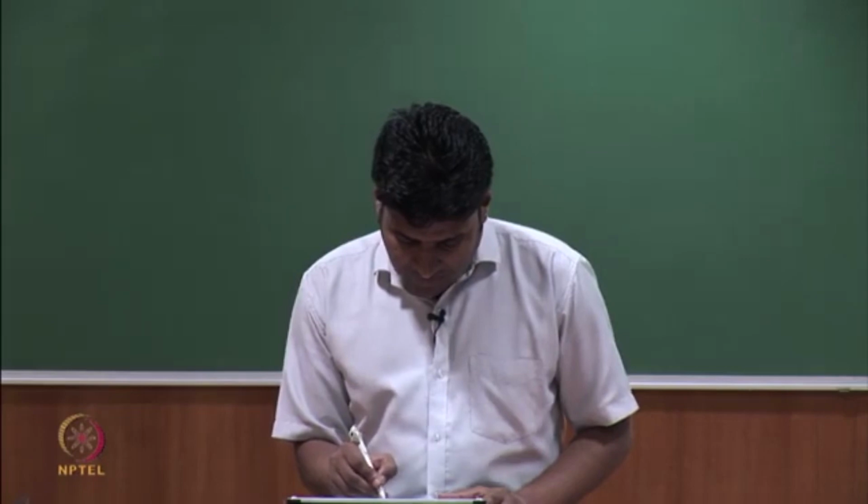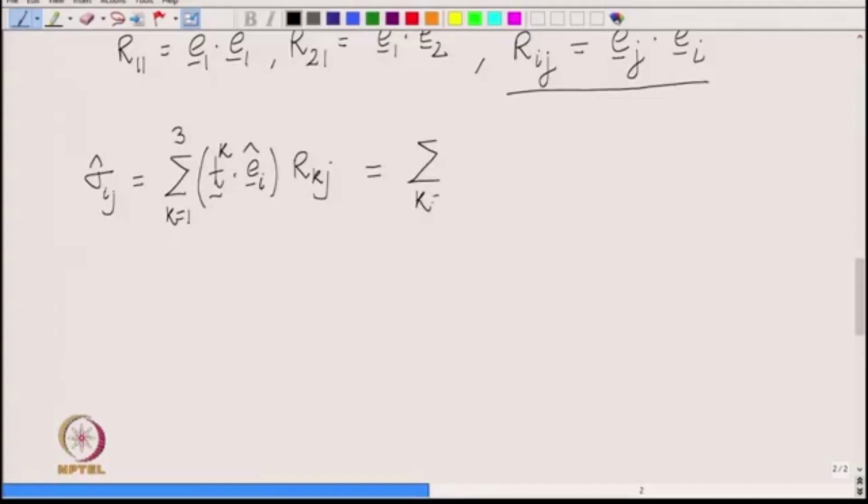So, we can say this is k equal to 1, 2, 3, and then Tk is nothing but Tkm Em, where summation is over m equal to 1, 2, 3, right.